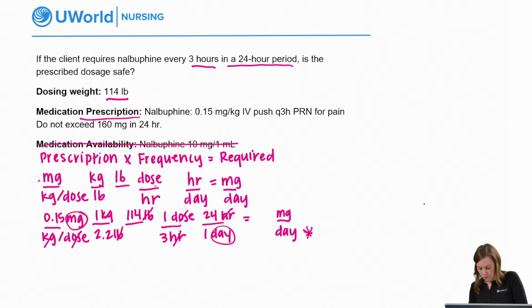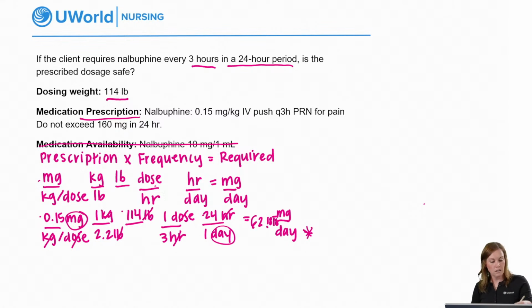We're going to do 0.15 times 114 times 24, divide by 2.2, divide by 3, and that is going to give us 62.1818.